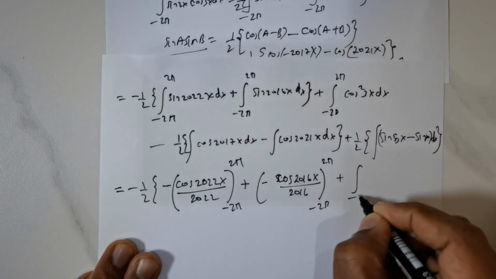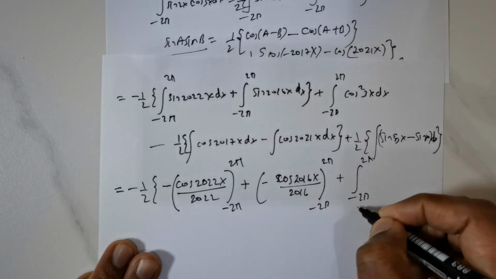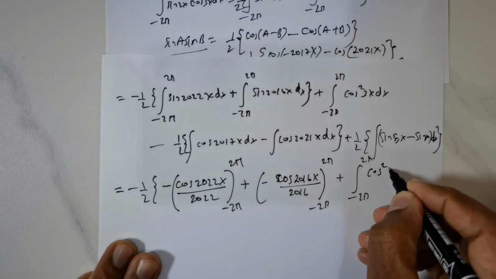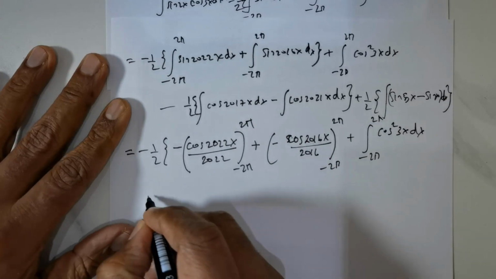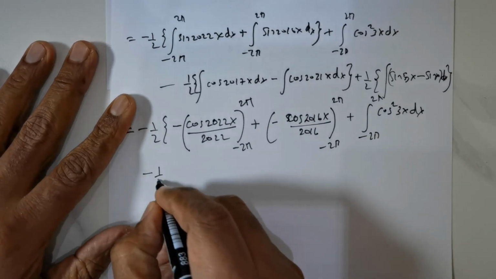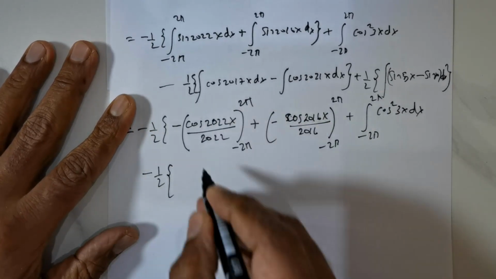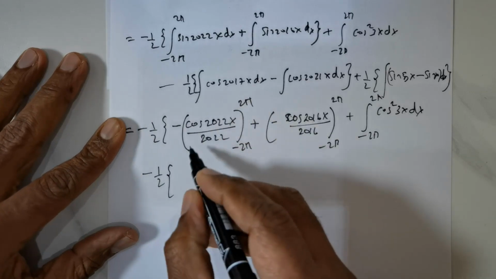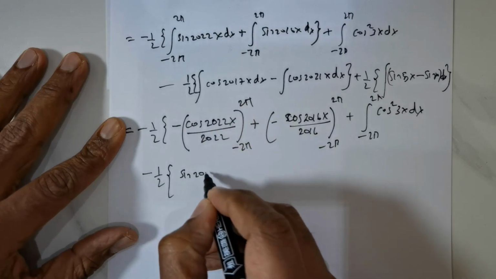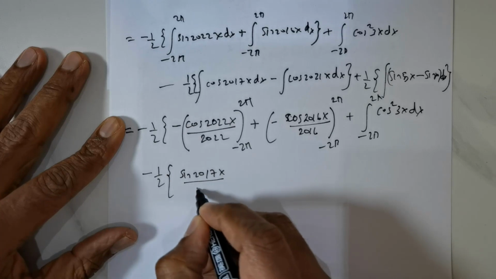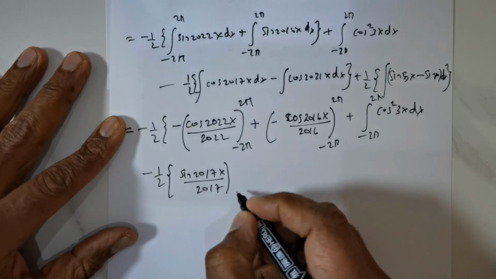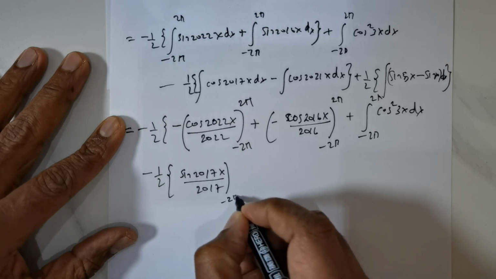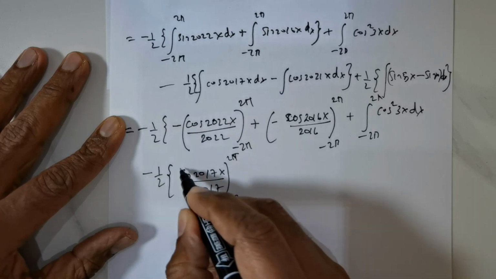Let me integrate this a bit later. So negative 2 pi to 2 pi cos squared 3x dx. Now integral of this is going to give me negative 1 over 2. Integral of cos will produce me sine. So it's going to be sine 2017x divided by 2017, and the limits are negative 2 pi to 2 pi.